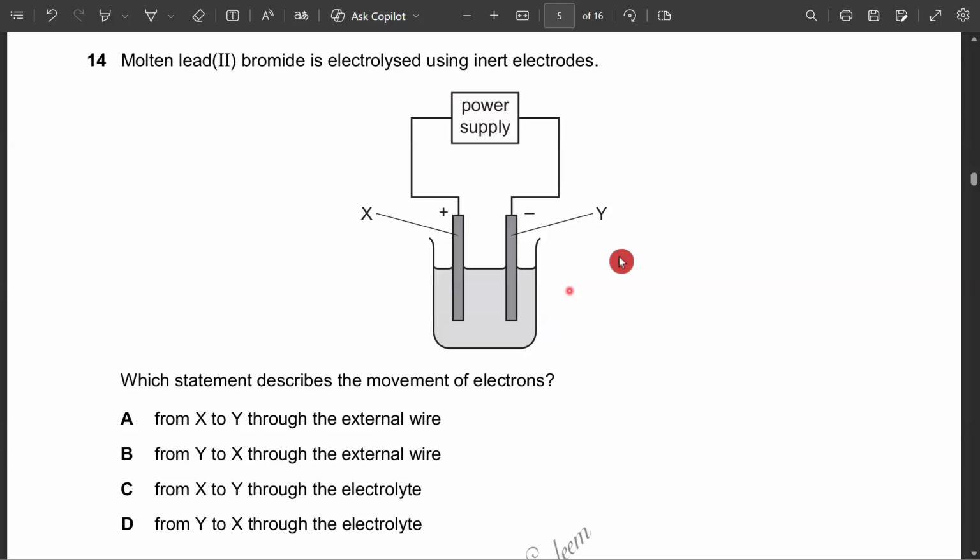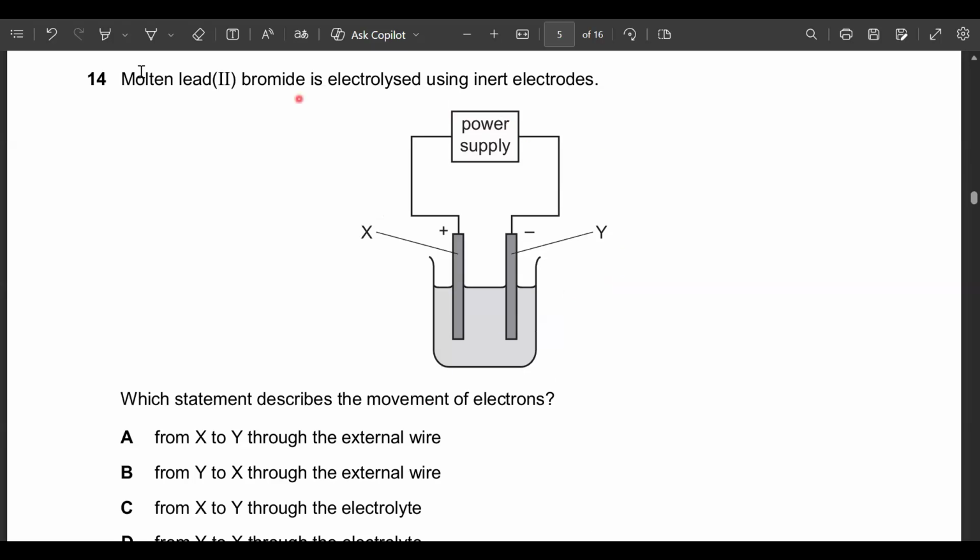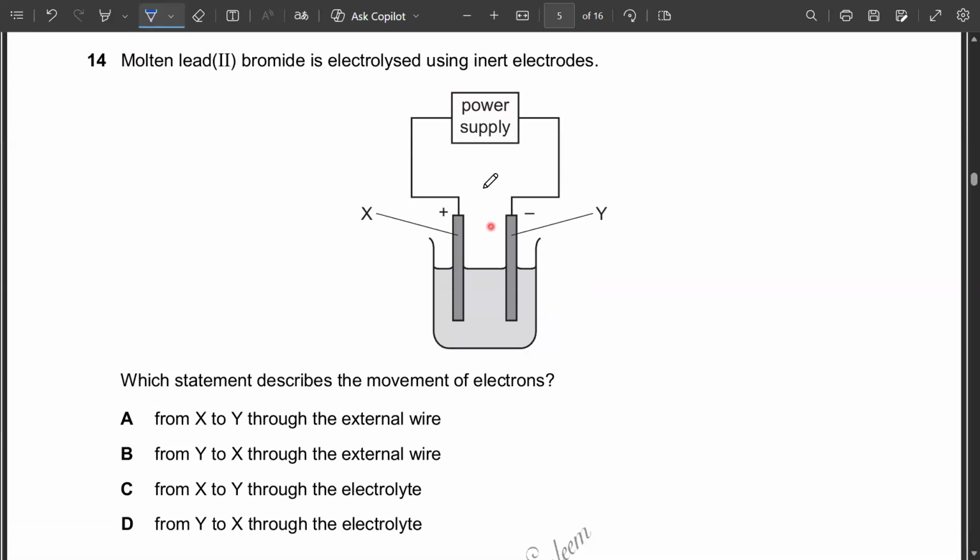Now, this is generalized, and here we must remember what the electrodes basically do and what their signs are. We remember that the negative electrode indicates the cathode.